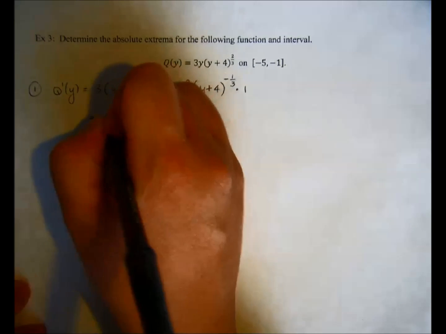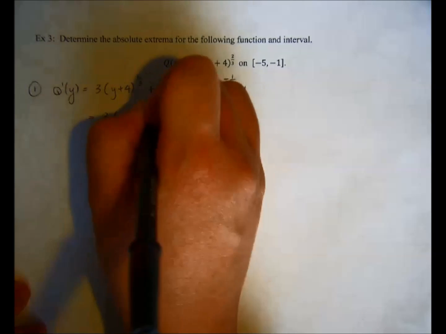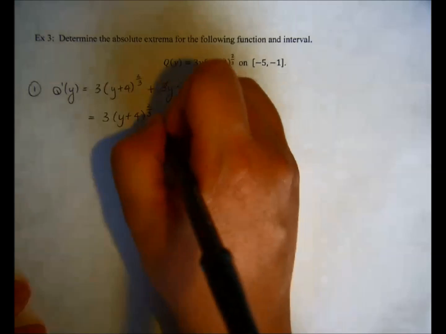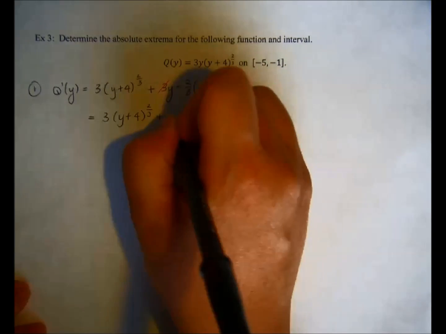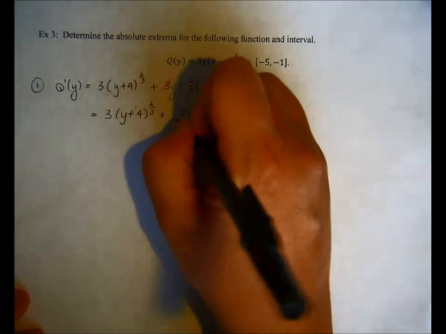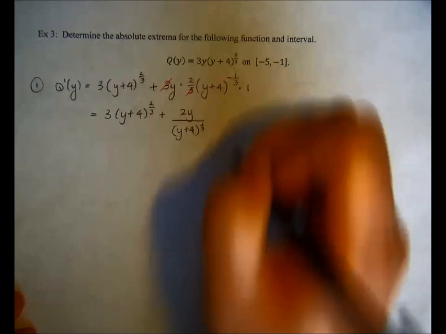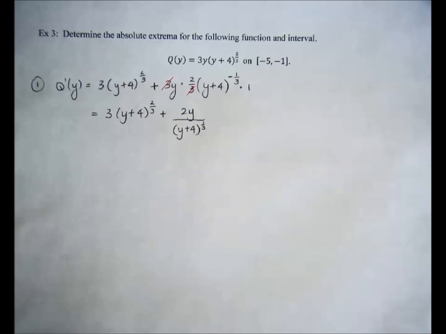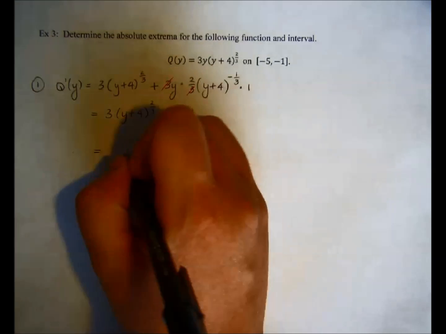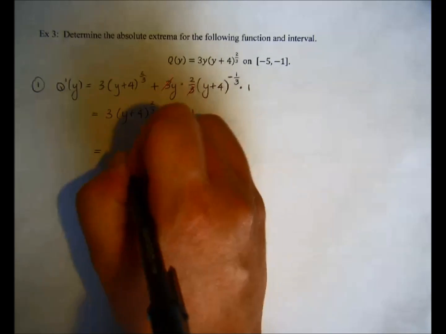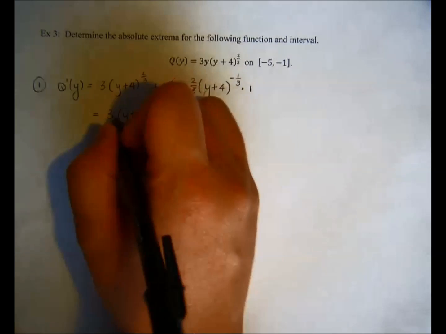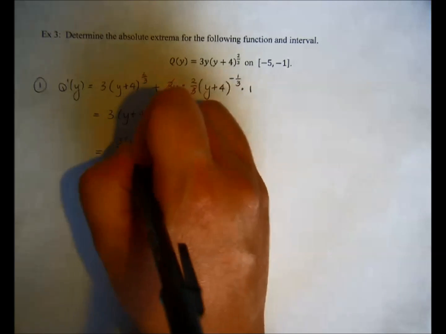So I have 3 times (y plus 4) to the 2/3 plus 2y over (y plus 4) to the 1/3. Okay, I want the common denominator of (y plus 4) to the 1/3. So I'm going to multiply this by (y plus 4) to the 1/3.